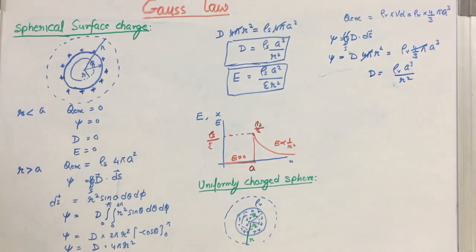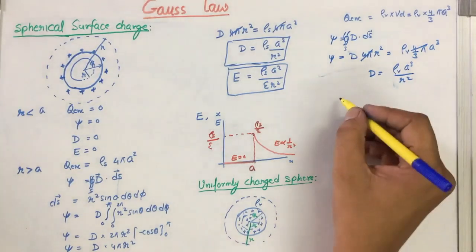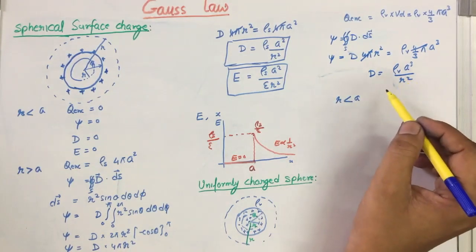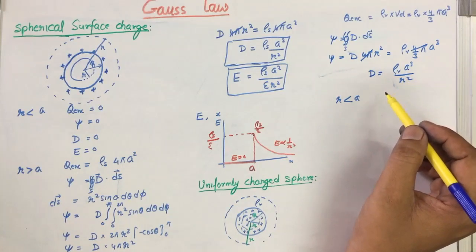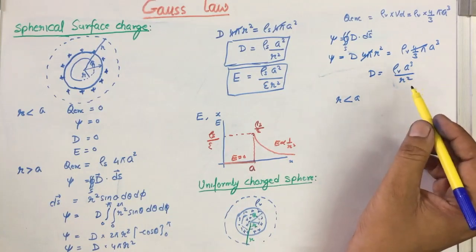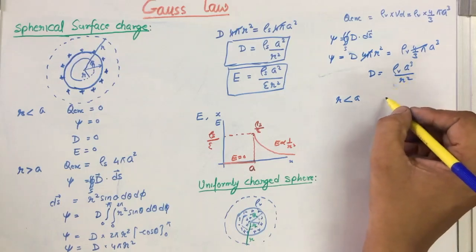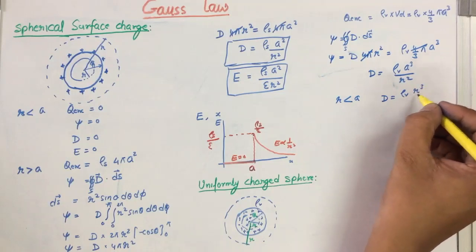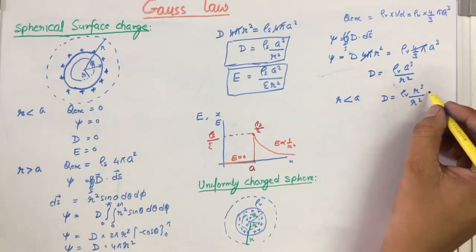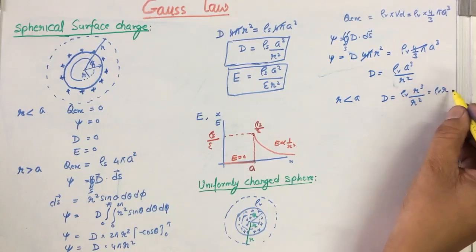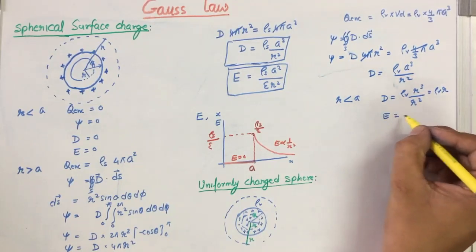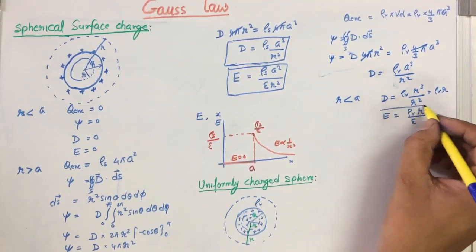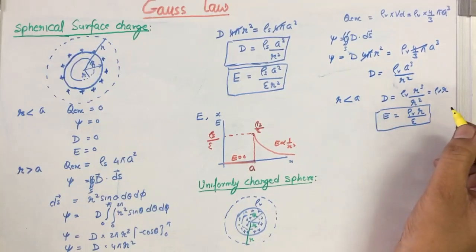If we consider the case when r is less than a, the first case, then here D will be rho v r cube divided by r square. It will give you rho v r, and E will be rho v r by epsilon. This is the first term for us now.